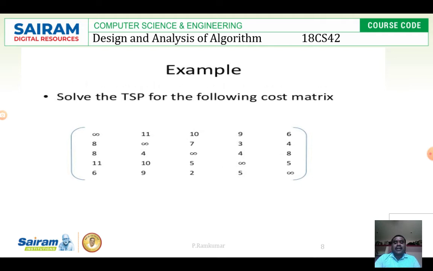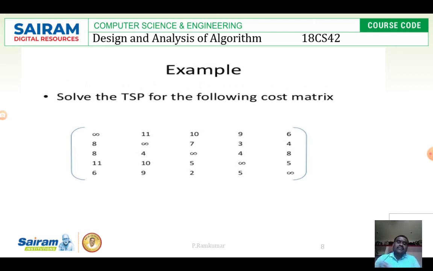In this 5 by 5 matrix, entry 1,1 is infinity, which means that no self loop exists. The distance between 1,2 is 11. That is, the edge between 1,2 has cost 11, the edge between 1,3 is 10, the edge between 1,4 is 9, and the edge between 1,6 will be 6.